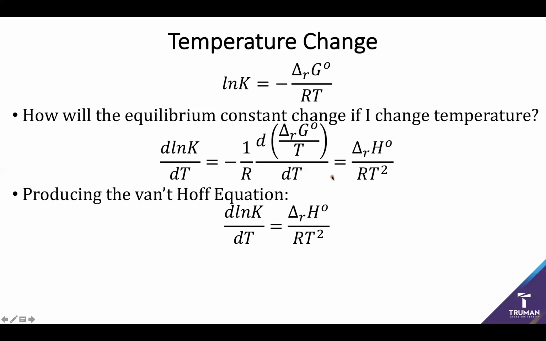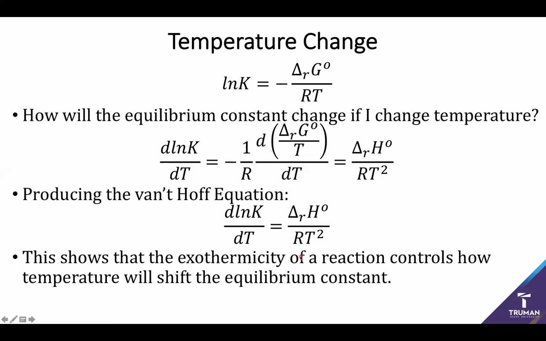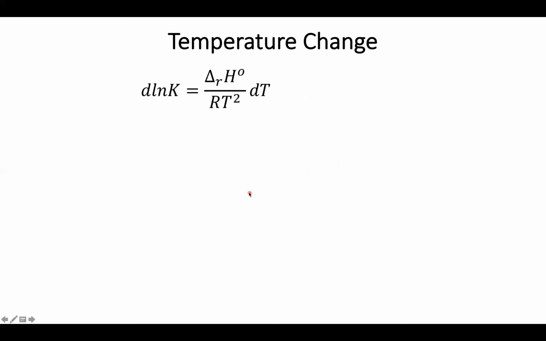So what's really important about our Van't Hoff equation is it's going to show a lot of our dependence on the enthalpy of reaction, or a good way of looking at it is the exothermicity. So what happens if I've got an exothermic versus an endothermic reaction, and what effect is that going to have on my equilibrium constant? Well, a good way to do that is to try and isolate my equilibrium constant on the left and all of my temperature dependence terms on the right.